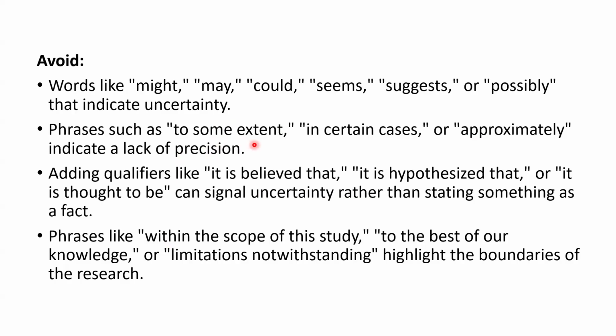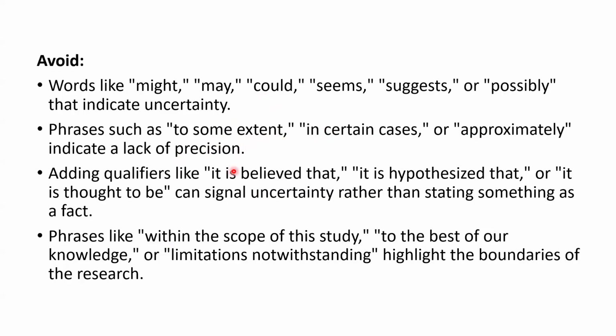It's there when you want to have some accuracy. If you say to some extent, in certain cases, all these lack precision, which is essential in scientific communication. Precision is very important. And also the first one, might, may, could, seems, they are all very weak claims, right? If you want to strengthen your claims, don't use these, right?